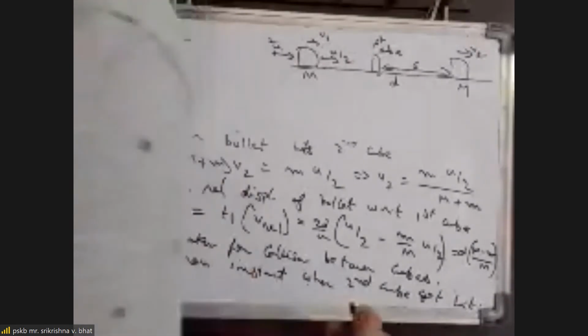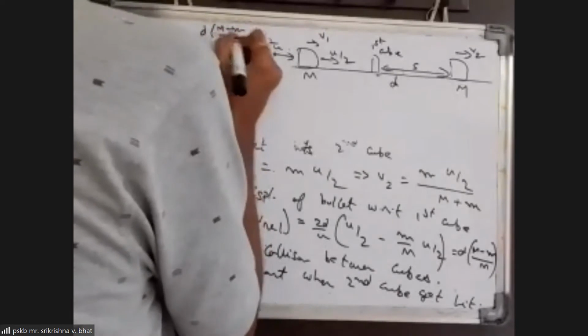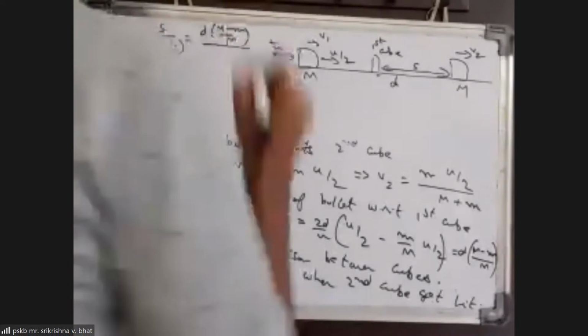But we already got s: s is d (M - m)/M, divided by (v1 - v2).